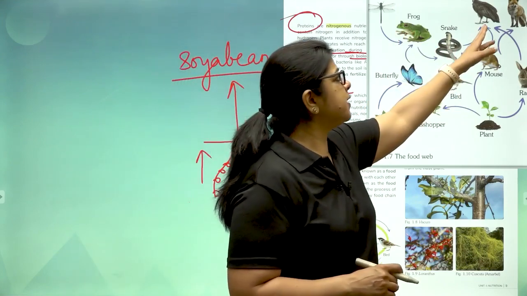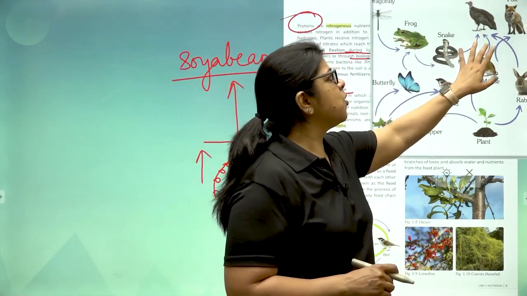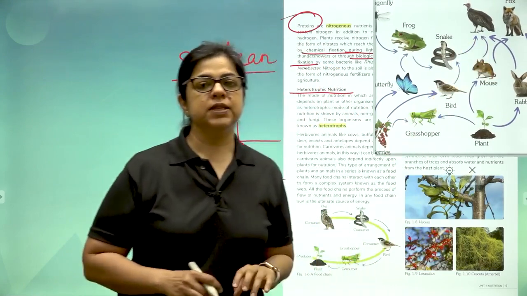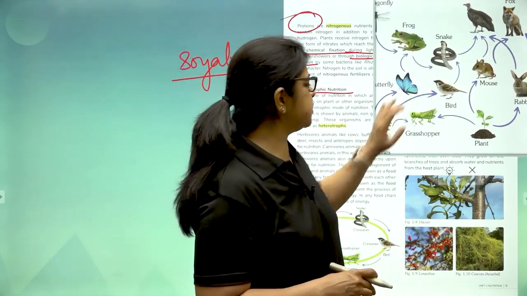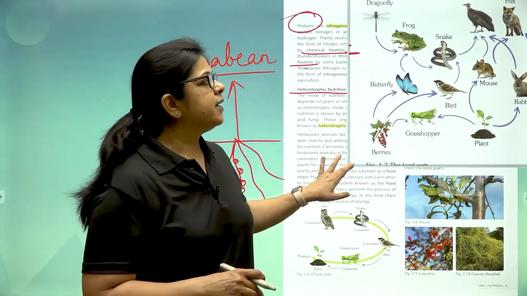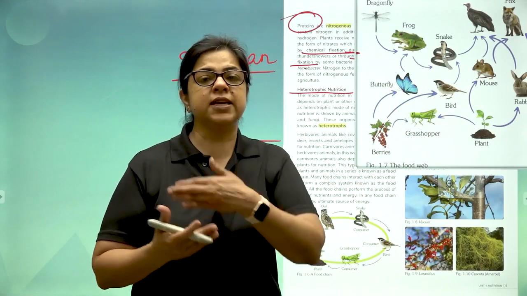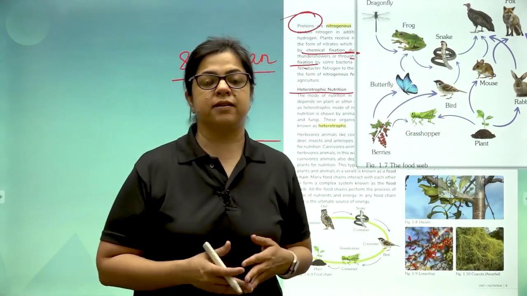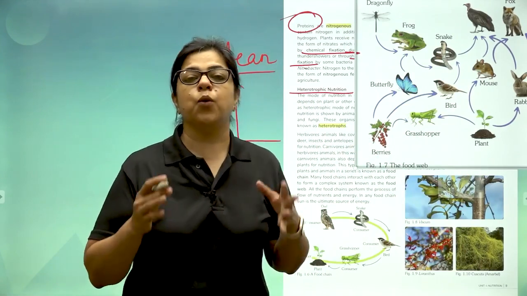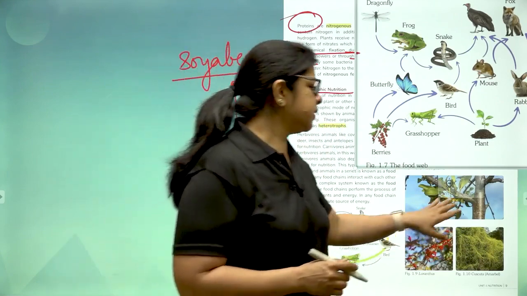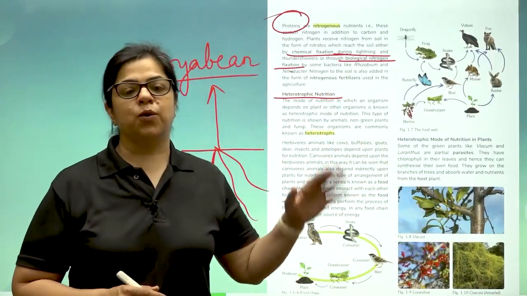The snake can be further eaten by a vulture. Similarly, other organisms are also being eaten by different organisms. So here, the flow of energy is not in a linear manner. It moves like a web. So what is this called? This is called a food web.